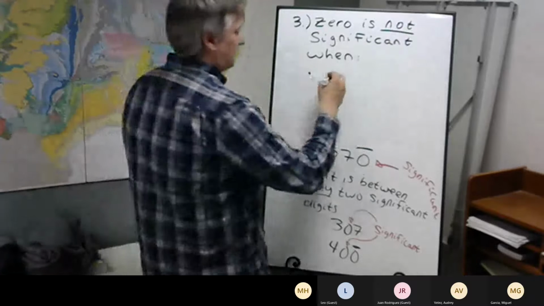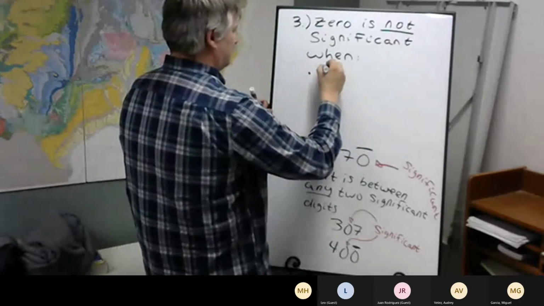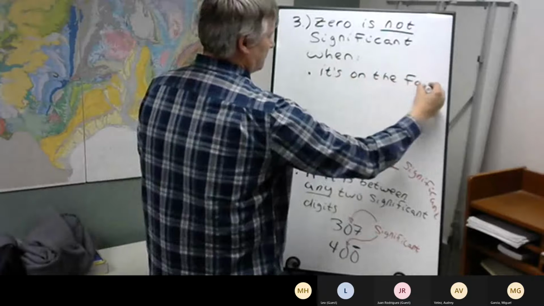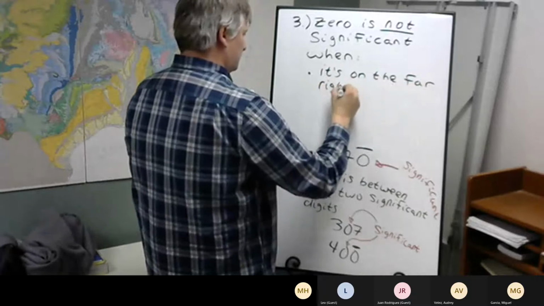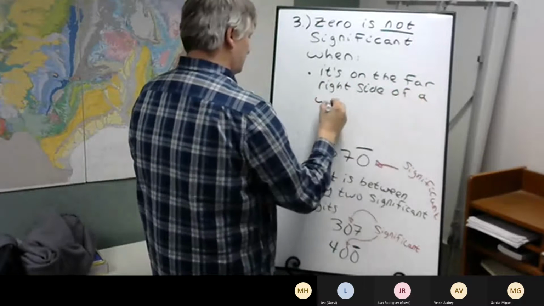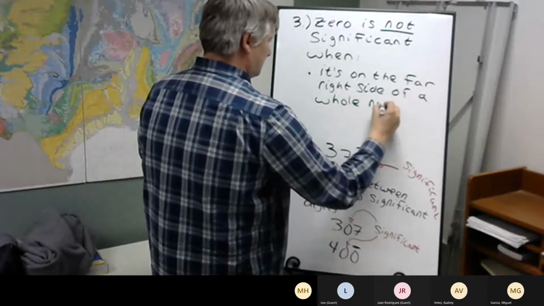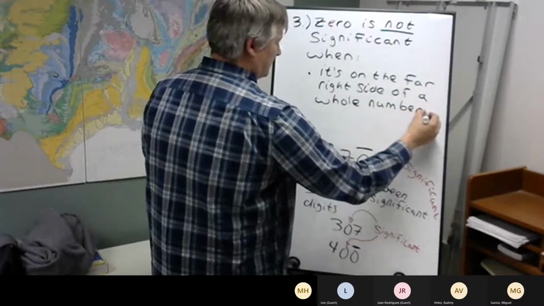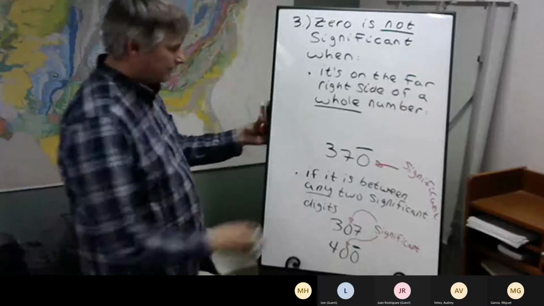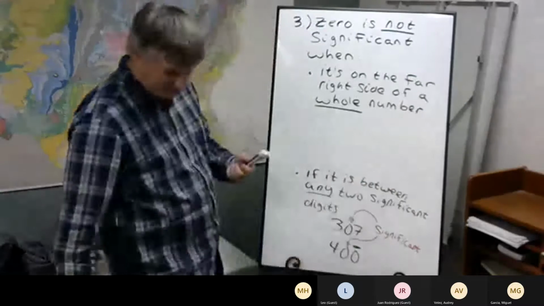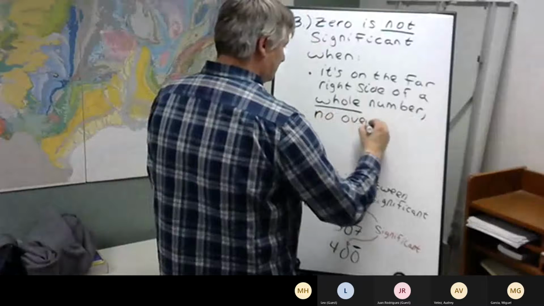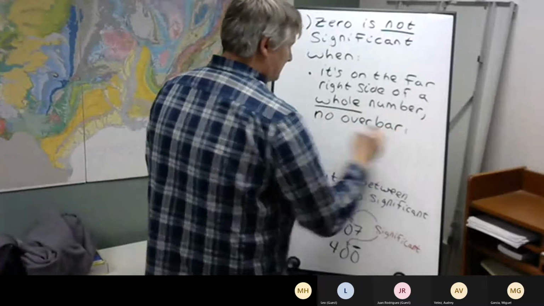So, for example, here. So the far right side of a whole number and no overbar. I'll tack that on there.